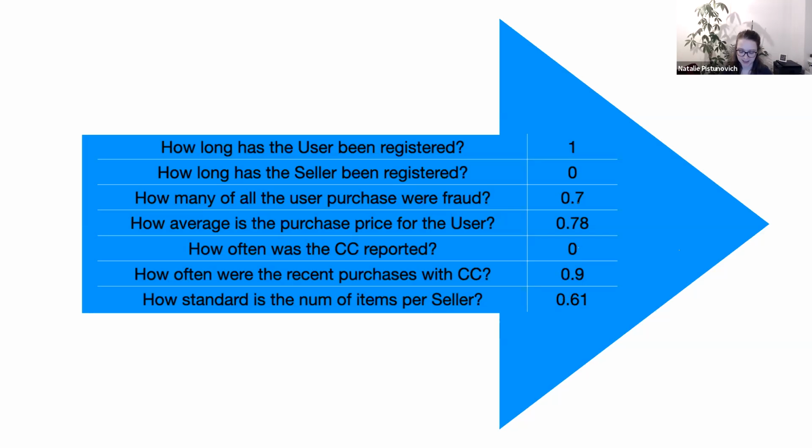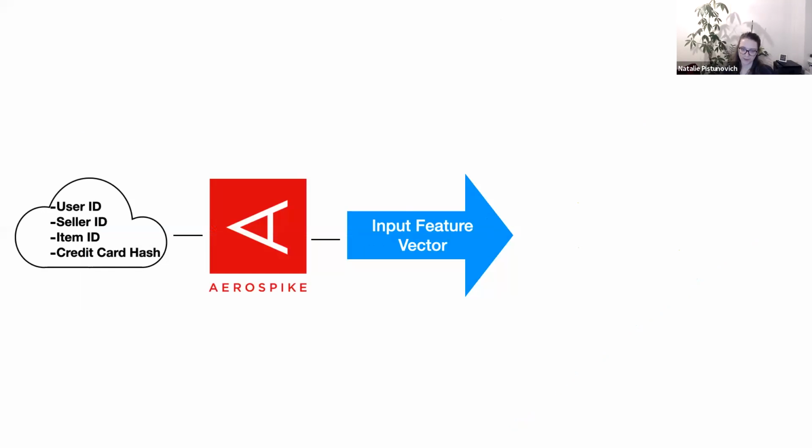This is assigned a numerical value between 0 and 1, where 1 means it's been long enough for us to give full credit, so probably reliable. Then the next one, for example, how long the seller has been registered. If it's 0, the seller is new, so we have less trust in the seller. And then you deduce as much information as you can, and you build this input feature vector.